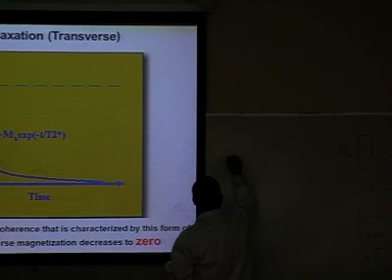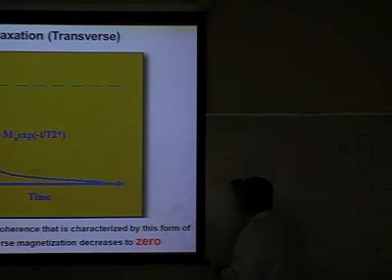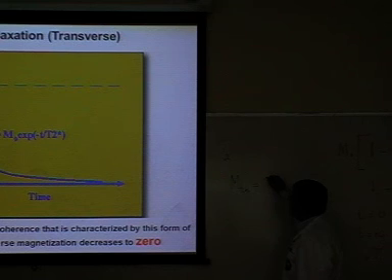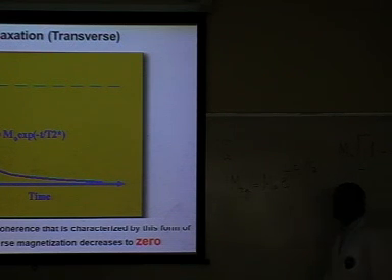So now this is T2. The transverse magnetization, which is along the xy plane, will decay in accordance with this equation: Mxy = M0 exponential minus t divided by T2. And this is my T2 relaxation time.